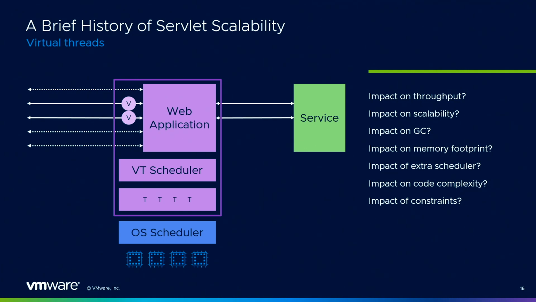What's our impact on scalability? Well, virtual threads are definitely lighter weight. So we should be able to have more of them with the same set of resources, which potentially lets us have better scalability. But virtual threads are not a magic create-extra-CPU-power-out-of-nowhere feature.